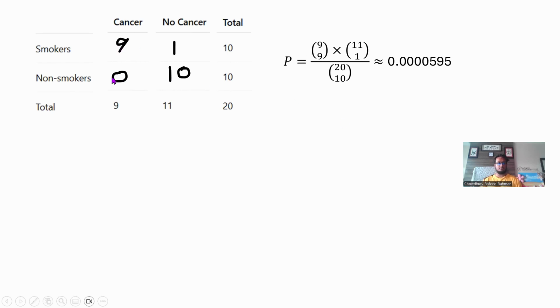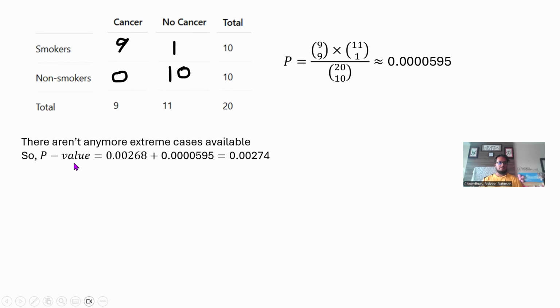It's not possible, because if we write 10 here, then this has to be -1, and there cannot be a negative number of cancer patients, right? So this is as extreme as it gets. But again, to clarify, there can be examples where we have 2, 3, 5, 10, or even more extreme cases. In that case, we are going to have to make those tables and calculate the probabilities as well.